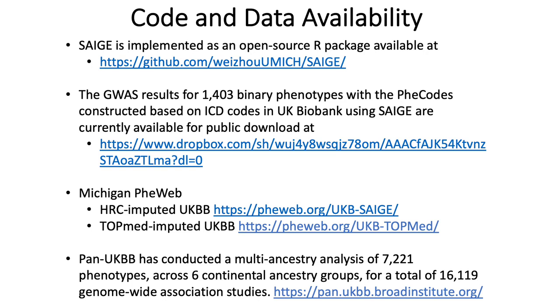SAIGE has been implemented as an open source R package and has been used to run GWAS for UK Biobank data and for other biobanks and large consortia. PheWeb has been created for some of the projects for browsing the phenome-wide GWAS results.